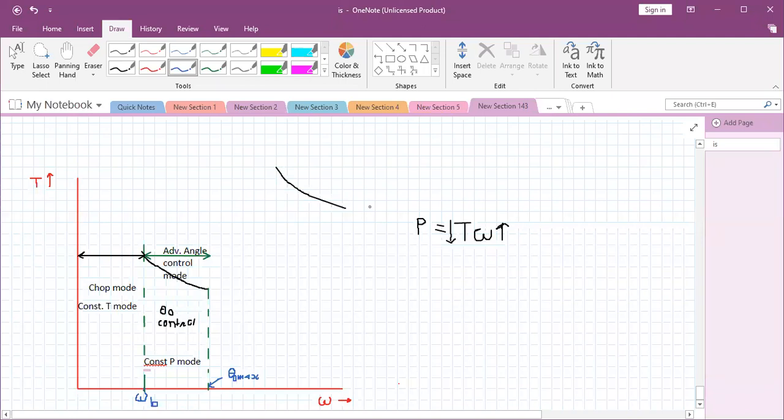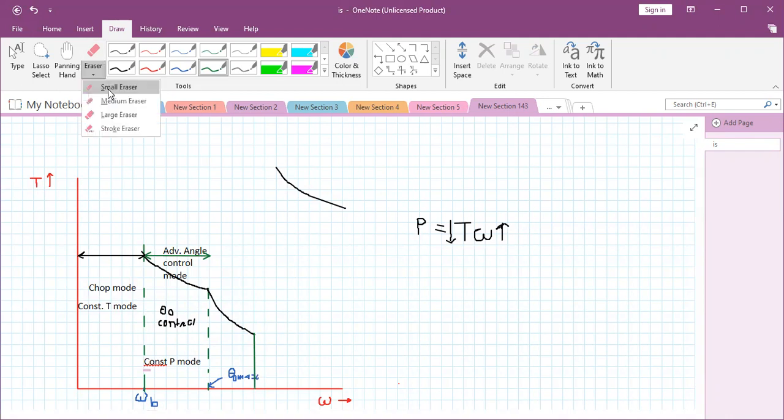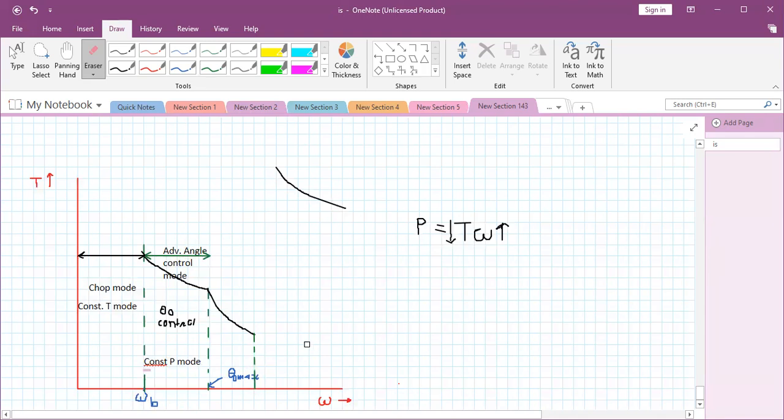So what is the shape? Here the shape is like this, and this is particularly our T omega square region.